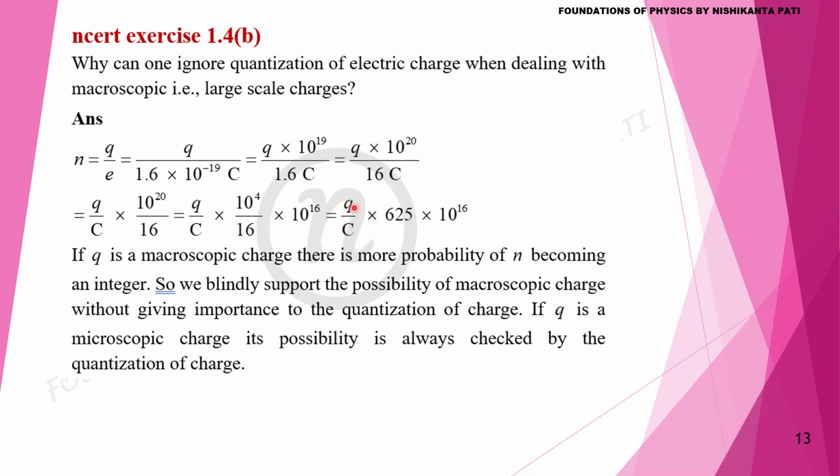This may not be an integer, but when it is multiplied with this and this, there is a large probability it will become an integer. So any macroscopic charge, we blindly support its possibility, but if it is a microscopic charge, we will check whether the n is an integer or not.